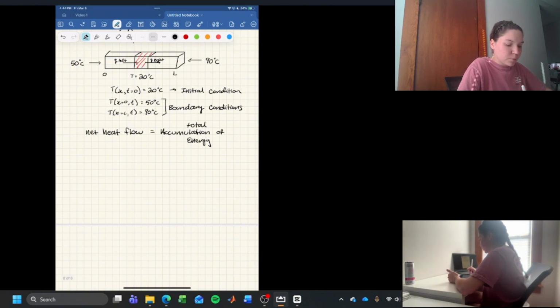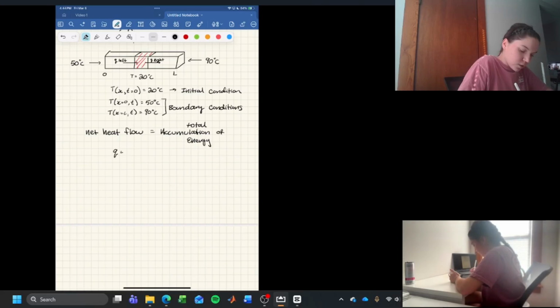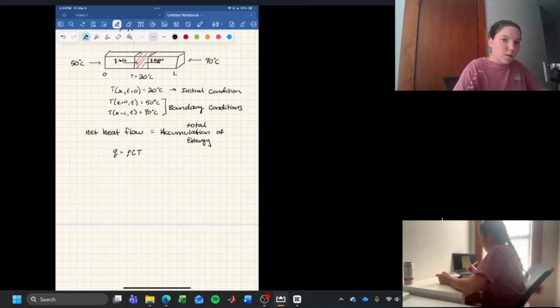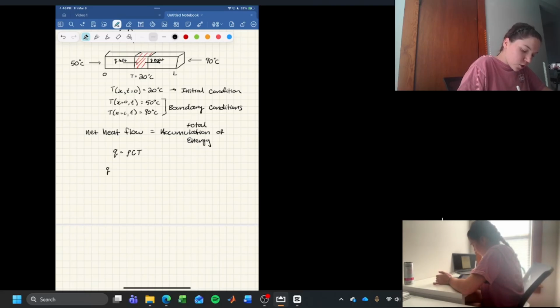But right now, with all the information that we have, this is in terms of temperature. So if we want to relate temperature to energy, we can use the equation that Q is equal to the density times the heat capacity times temperature. So we can now rewrite this to say that Q, which is the total heat flow, is going to be Q left minus Q right.